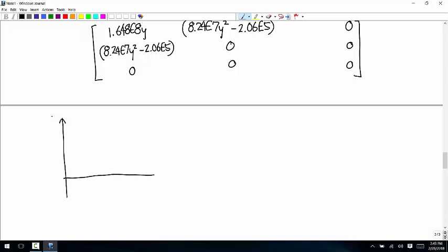Okay, so let's say that this is sigma xx versus y. Not 0 to 2, we're only looking at the y values. So this is 0.05, and it's a linear function.